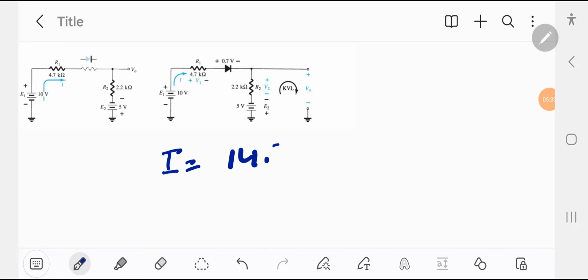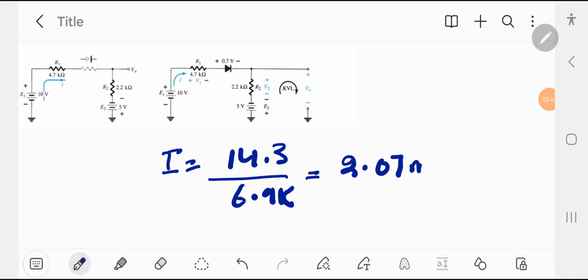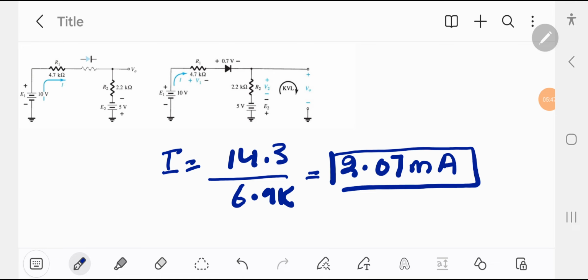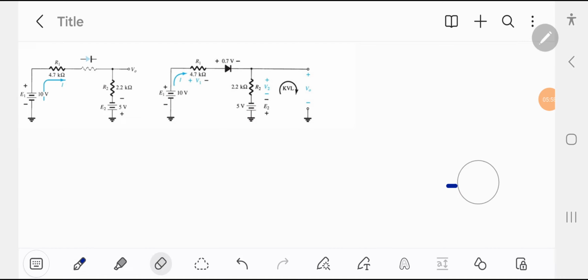The total is actually equal to 6.9 K. When we use a calculator to solve this, it's actually equal to 2.07 milliampere. Now we found the first term, which is I.